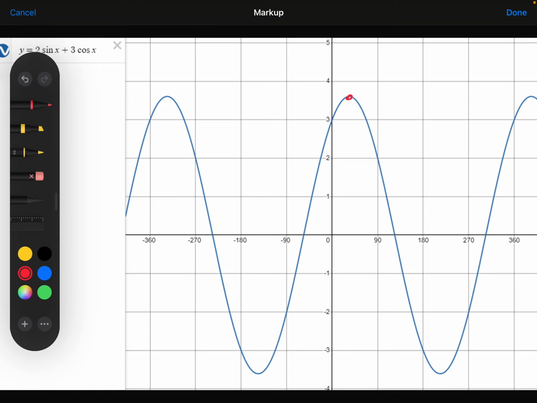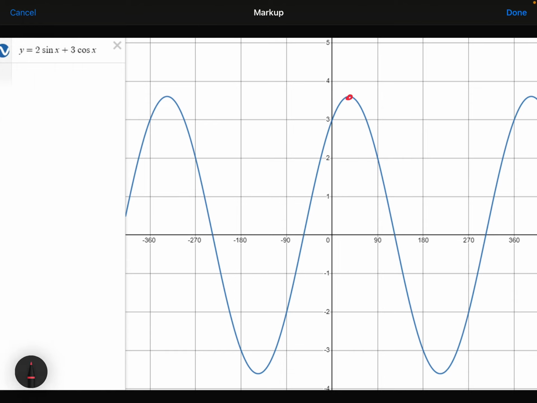Well, we're going to do so by rewriting the sum of these 2 trigonometric functions as one single trigonometric function. I'm going to rewrite it in the form of r sine (x plus a). And the reason for that is, hopefully you can see that this blue line is like a transformation of the regular sine graph.